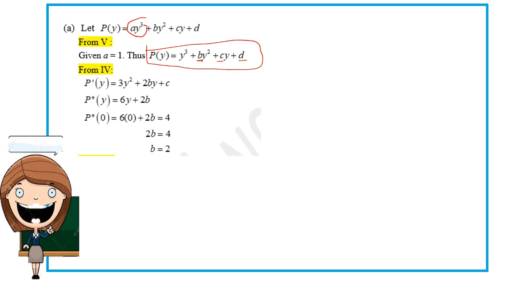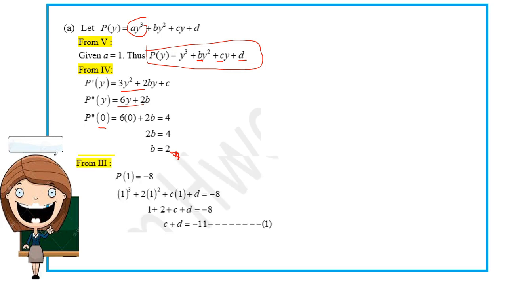From the information for the second derivative of the polynomial, when we substitute x equal to 0 it is 4. So we do the first derivative and second derivative, substitute the value of 0, and we get the value of b as 2. And from the next piece of information, when the polynomial is divided by y minus 1, the remainder is minus 8. So p of 1 is equal to minus 8.